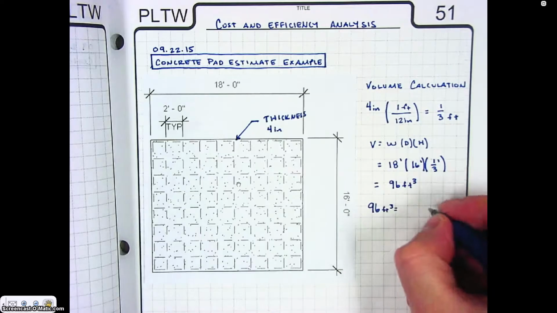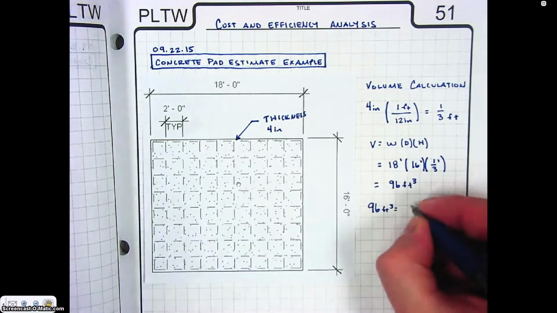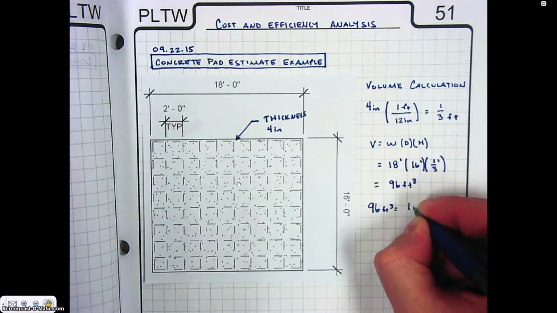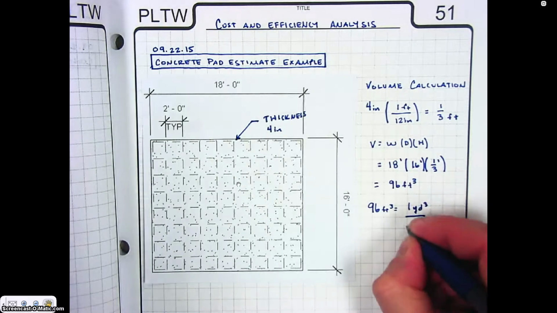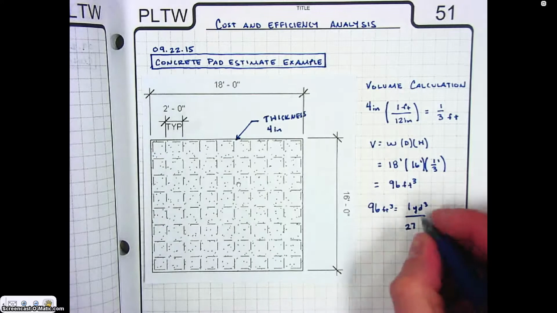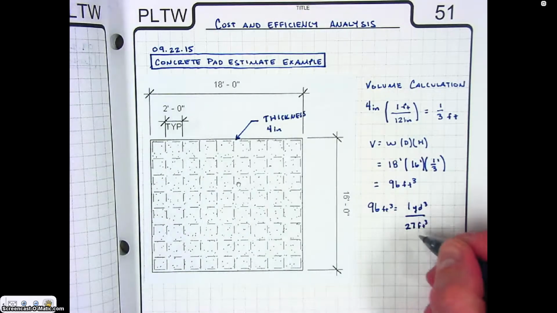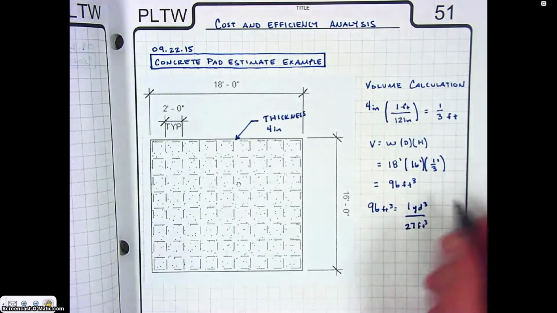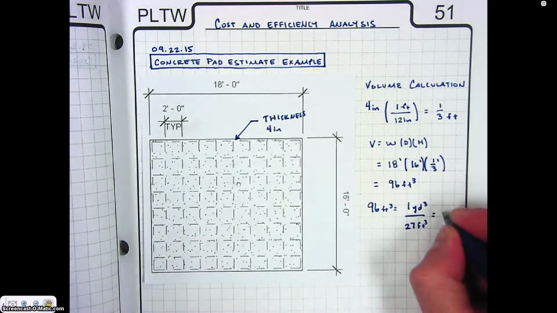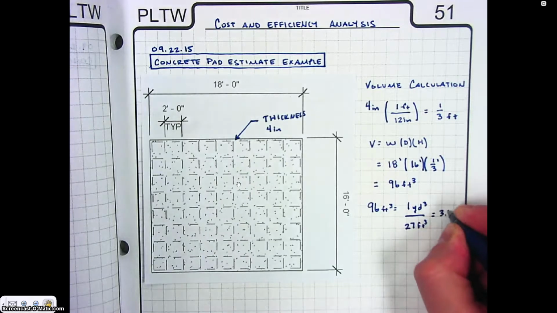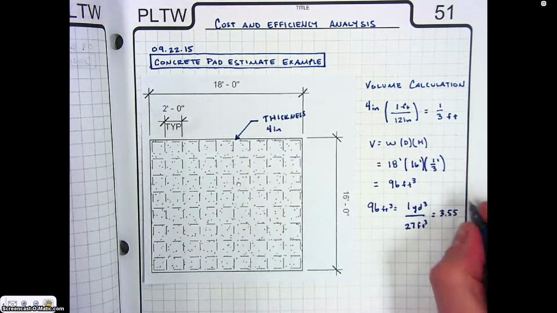Our desired unit is cubic yards, and 1 cubic yard is equal to 27 cubic feet. There's 3 feet in a yard, 3 cubed is 27. So that's how we come up with that. And we get an answer of about 3.55 cubic yards.